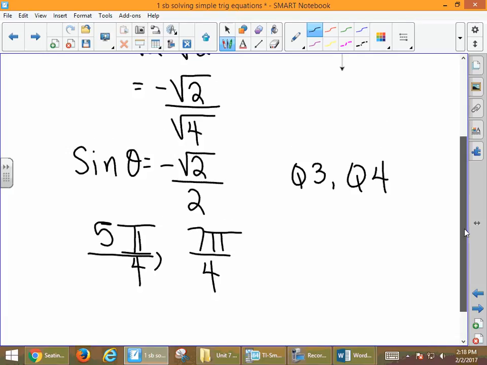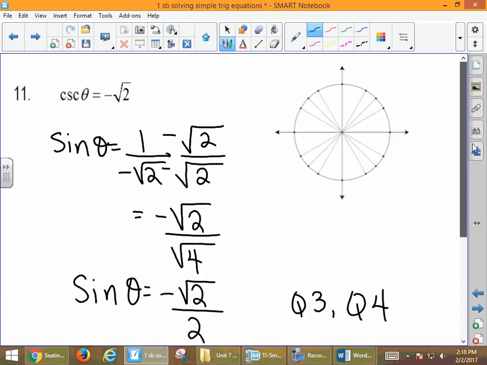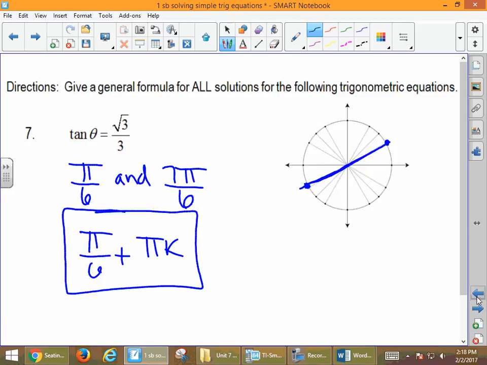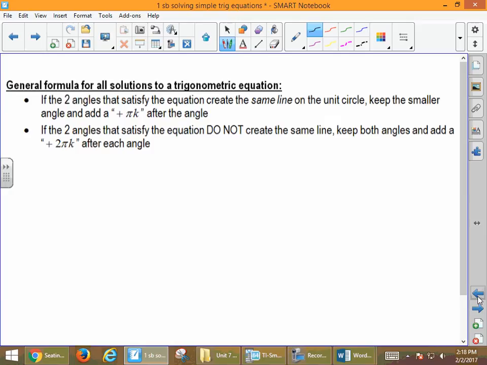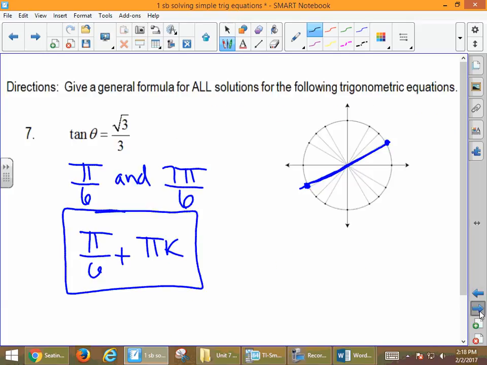So as we take a look back here on our unit circle, here's 5 pi over 4. Here's 7 pi over 4. And if we connect those, do we get a diameter? No. And when we look back at our directions here, if the two angles that satisfy the equation do not create the same line, they don't, keep both angles and add a 2 pi k after each one.